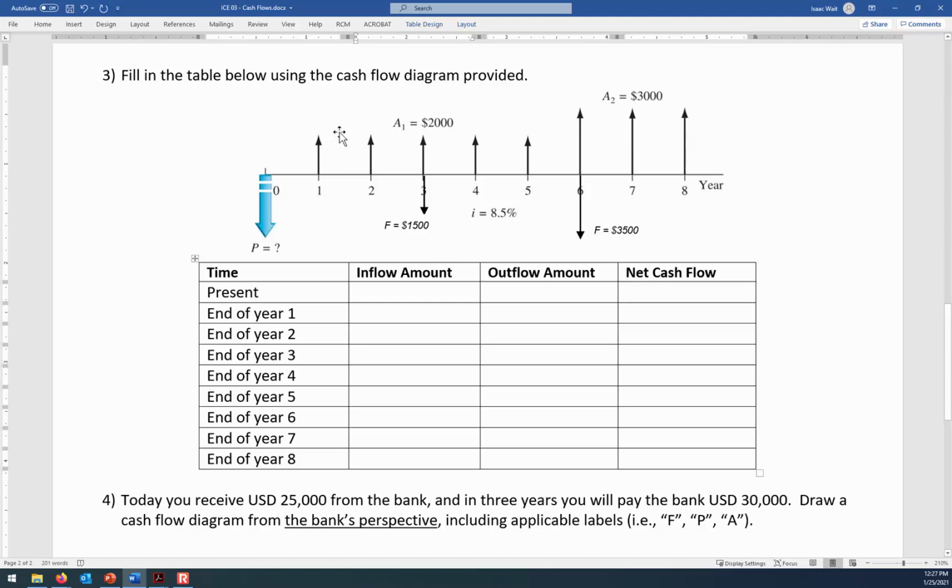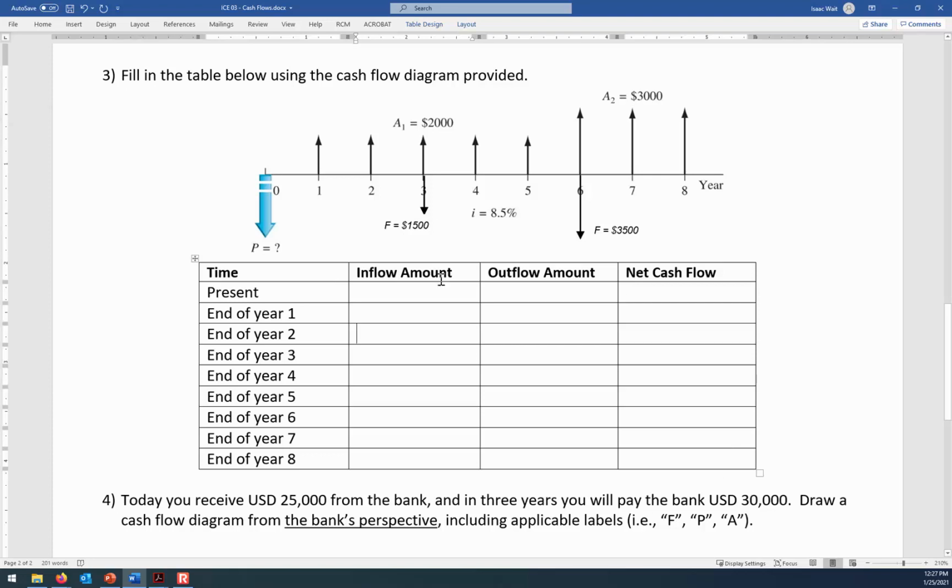It may seem pretty simple, and it is, but when we start using Excel, translating a cash flow diagram into an Excel spreadsheet is important. And most of the time when there's a mistake, it's just that we accidentally typed in the number wrong. So you need to get practice being precise in translating a statement to a diagram and a diagram to a table. So here's that practice.